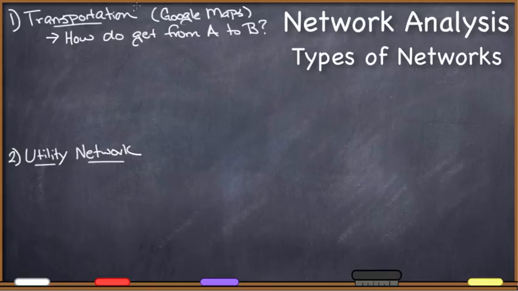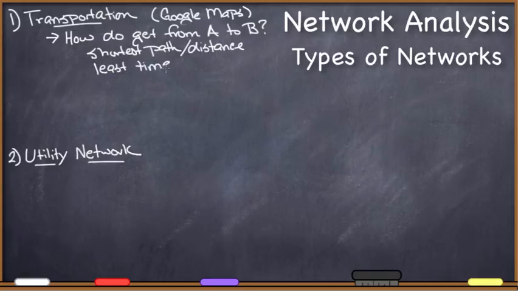And then there may be a couple of different options there. Maybe you want shortest path, or shortest distance. Let me put that over here, shortest distance. Or you might want least time, and I think that you should be able to take a look at that in Google Maps.